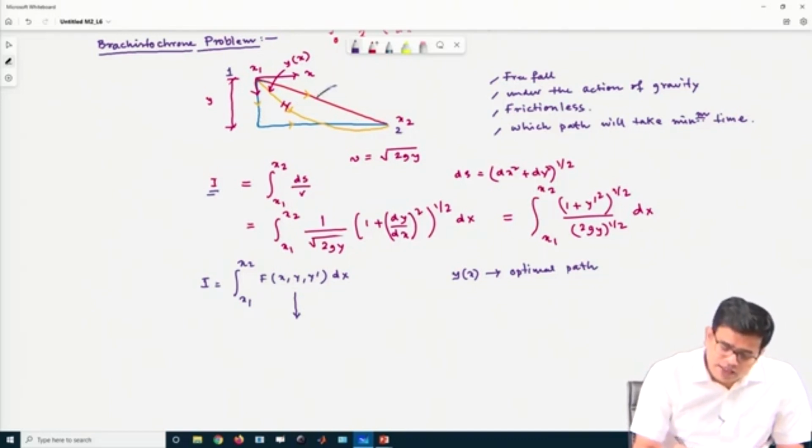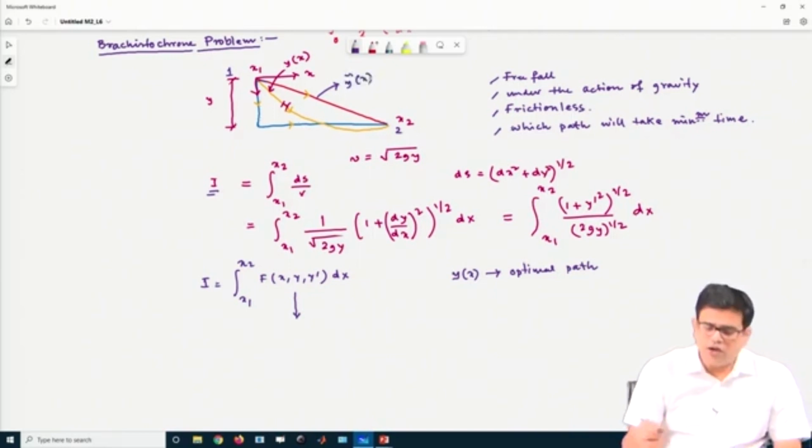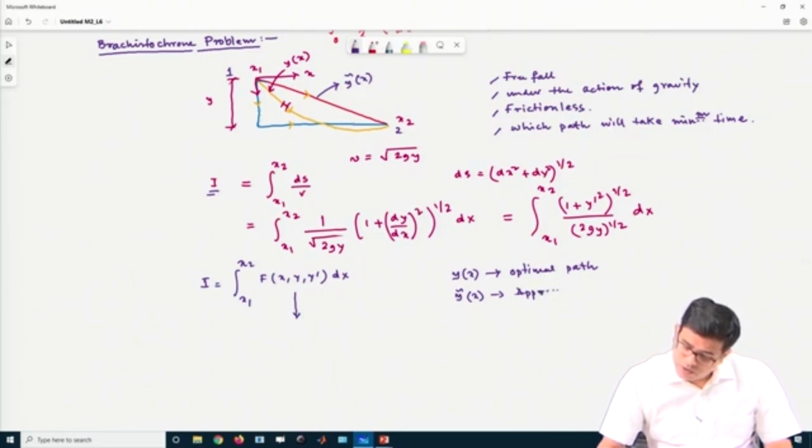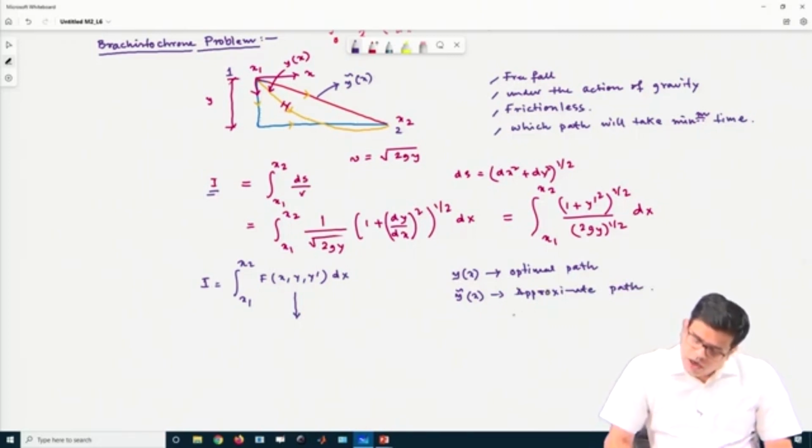Let us take these functions or paths as y tilde of x, the approximate path. Now how should I write y tilde?